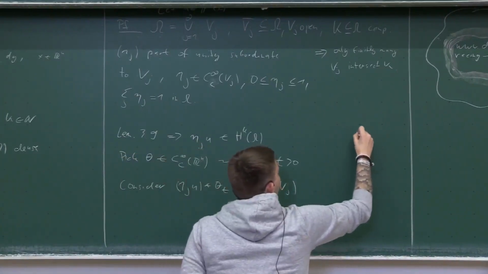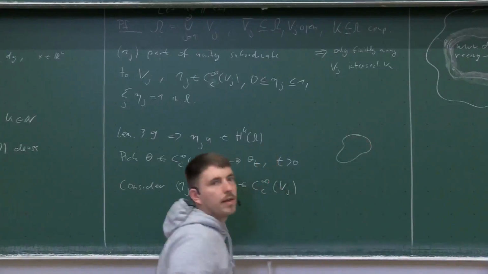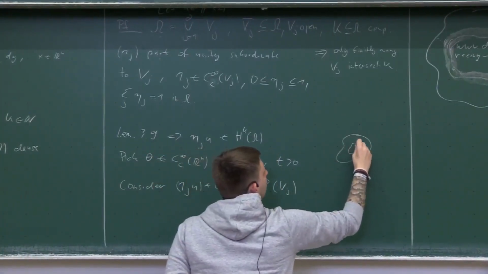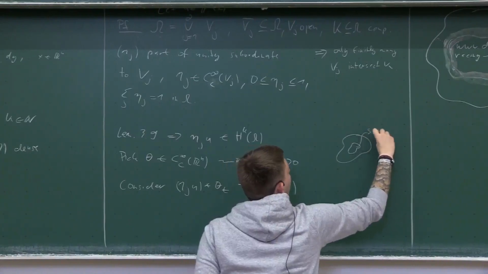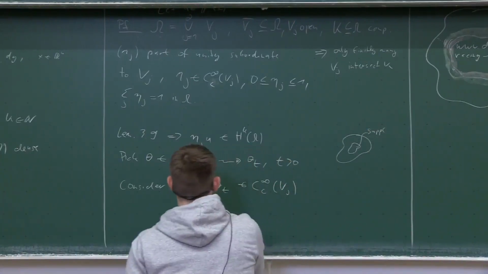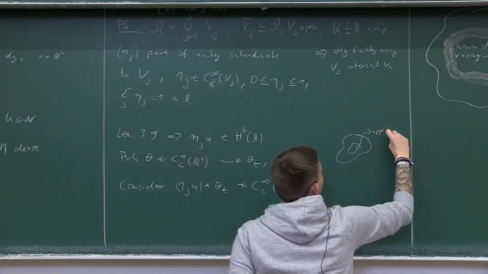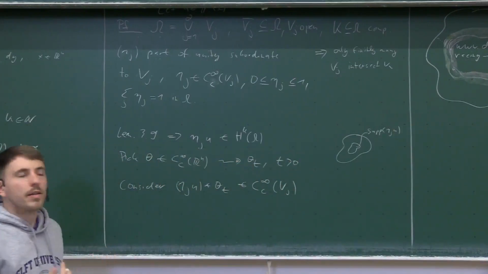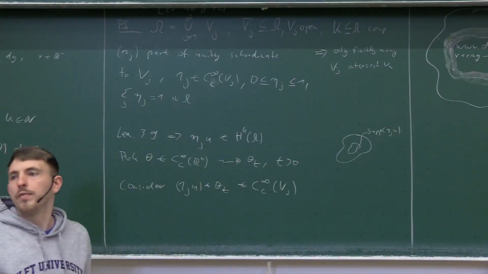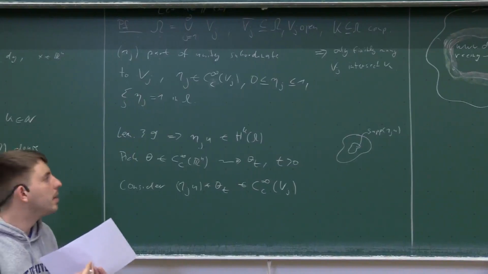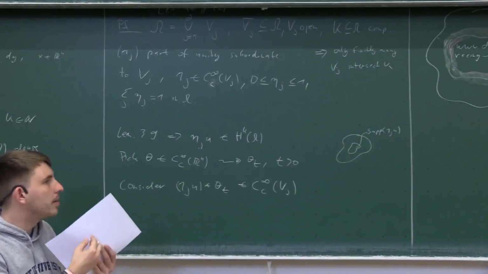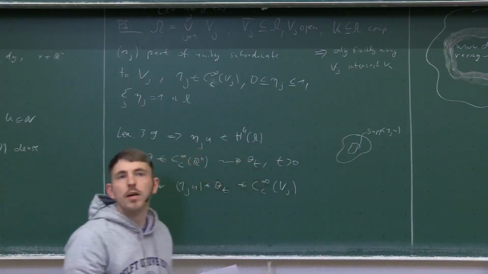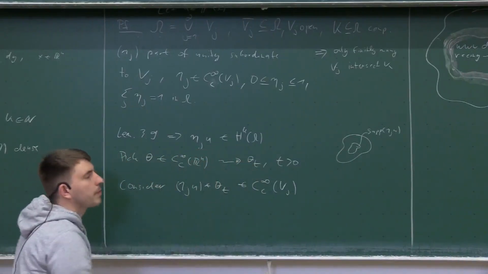Well, if this is my Vj, then I have the support of my function eta j u in there, and then the convolution with the mollifier will give some extension of the support, but it's controlled by the support of the mollifier.